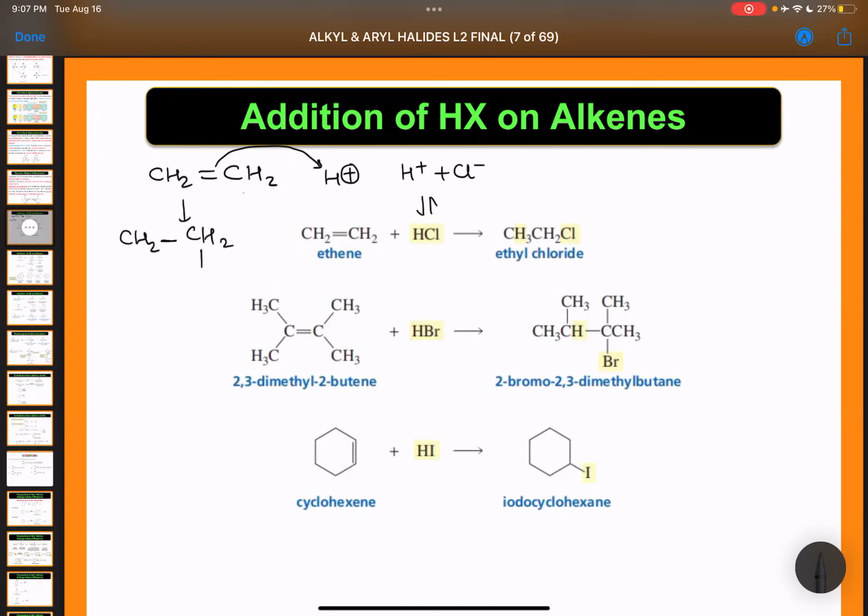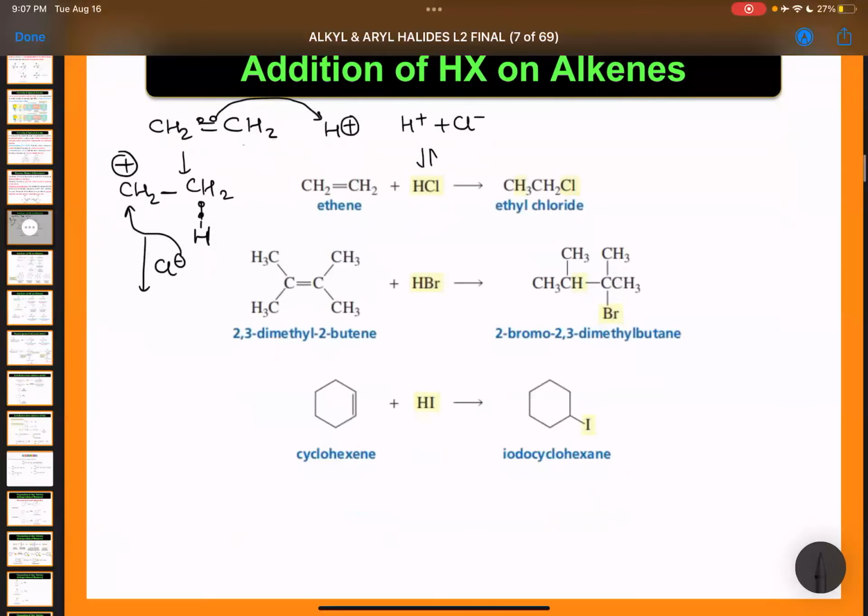The electrons which were in the pi bond are now taken by H, and H has joined itself to one of the carbon atoms, leaving a positive charge on the adjacent carbon atom. Now the Cl minus will come and join itself to this, because this carbon atom's plus charge is unstable, so Cl minus can give its electron pair, and that's how it can make this C plus stable. Okay, so this is the final answer.